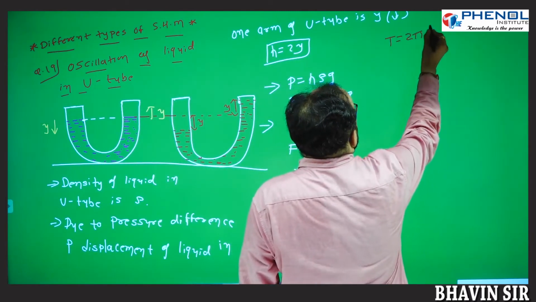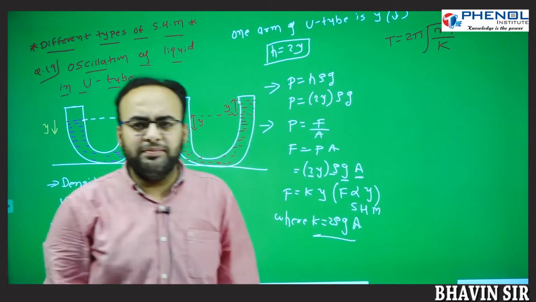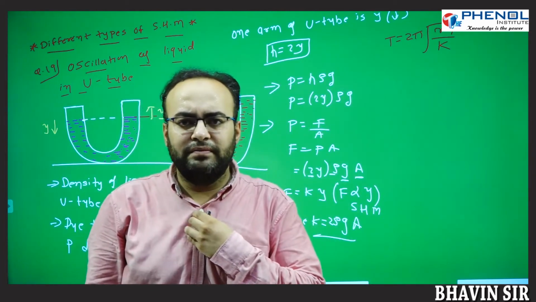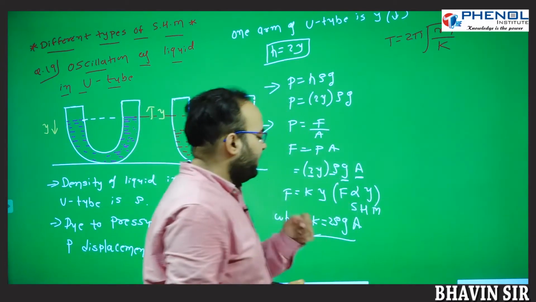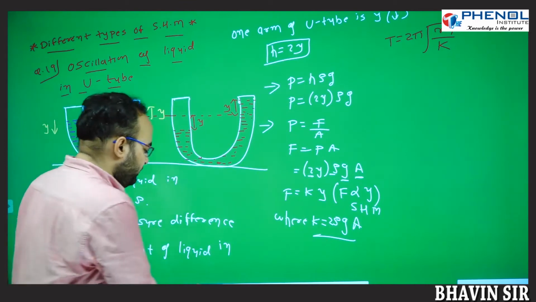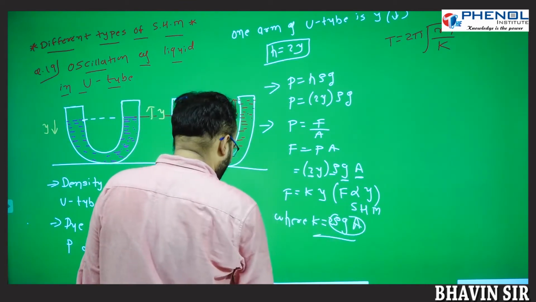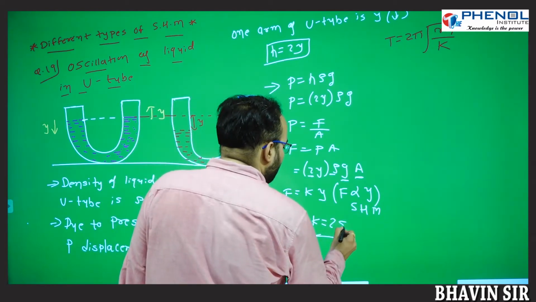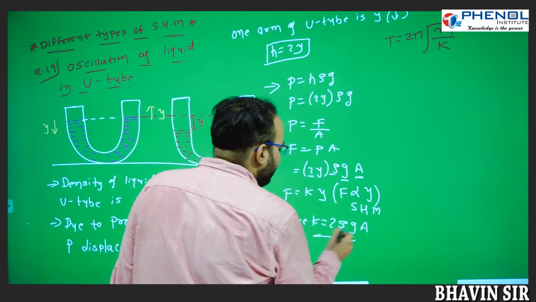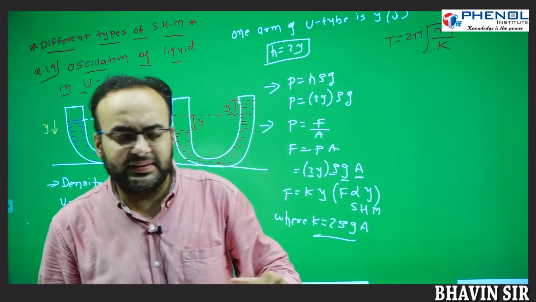Chalo, now we want to find the time period. For simple harmonic motion, the time period is 2 pi under root m by k. We know the value of k: k is 2 rho g A. But here we want to find the value of mass.